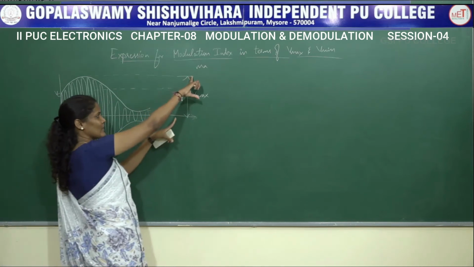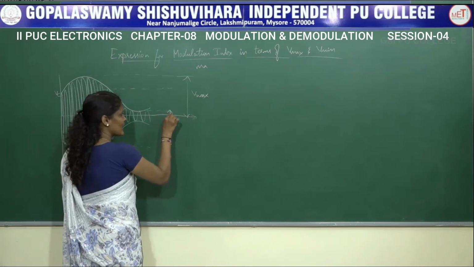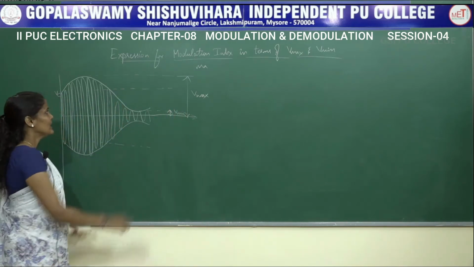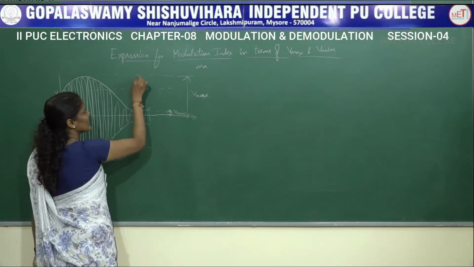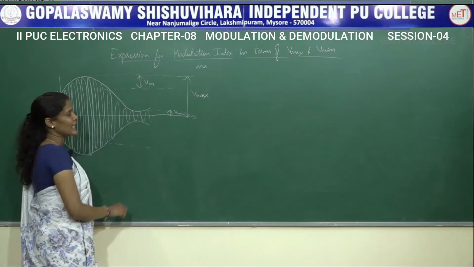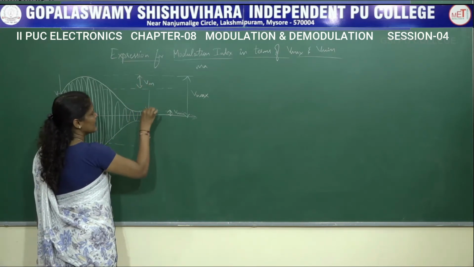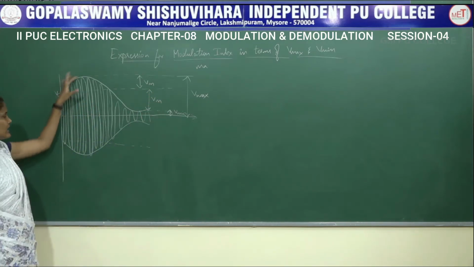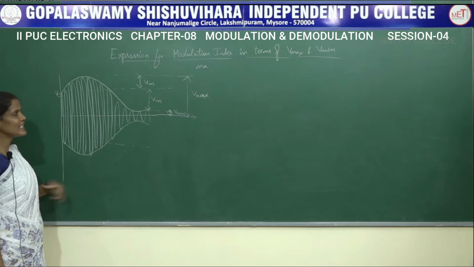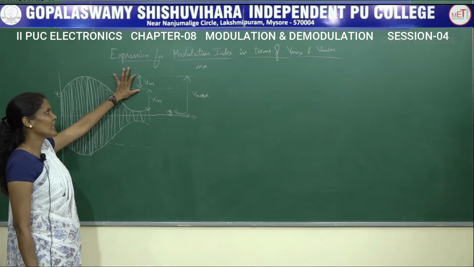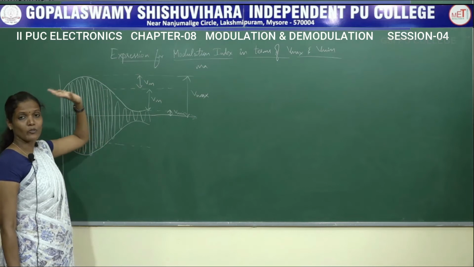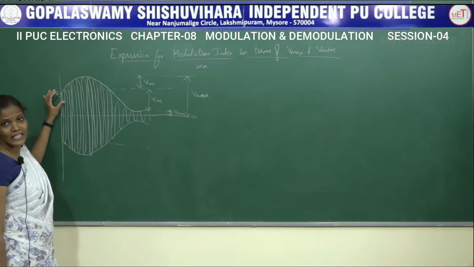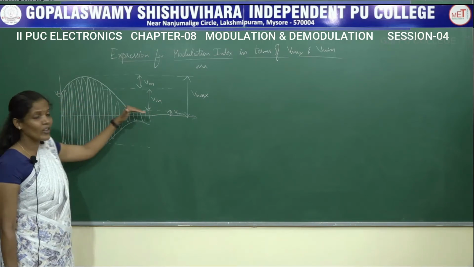So this is the maximum amplitude, whereas this will be considered as the minimum amplitude, that is V minimum. Then this difference will be considered as Vm only. So this and this is Vm, which will be changing, or the amplitude of this carrier signal will be changing in accordance with the amplitude of this modulating signal. So here VC will be considered as the reference line, not the zero axis line.